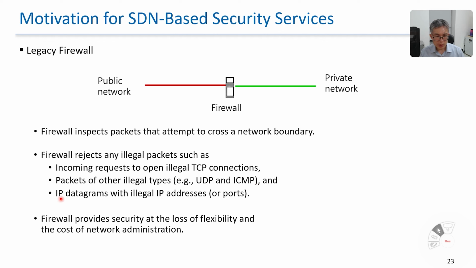And thirdly, IP datagrams or IP packets with illegal IP addresses or port numbers for the transport layer like TCP or UDP. So in the middle, the firewall provides security at the loss of flexibility and the cost of network administration, because this is a hardware box in the past.